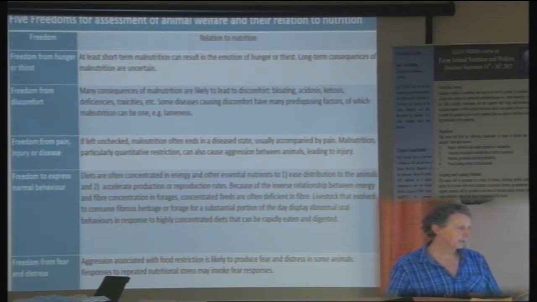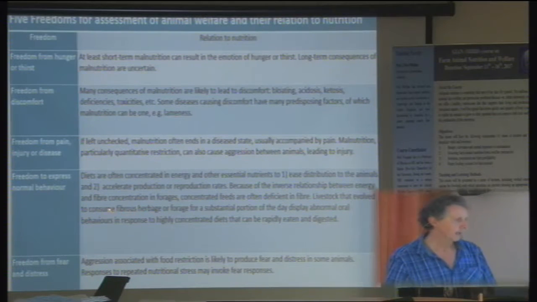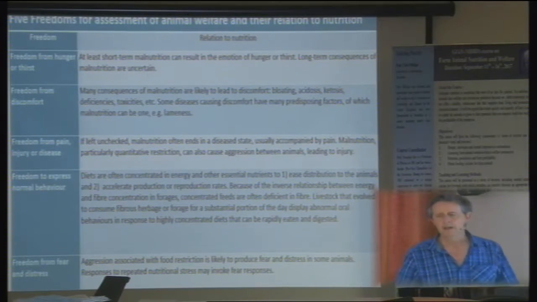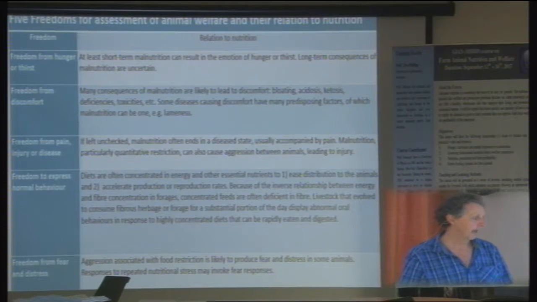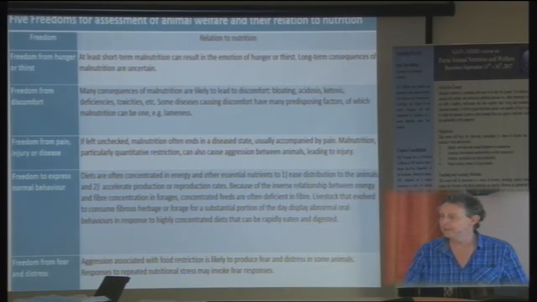To express normal behavior, most normal behavior, well, a lot of feeds are unsuitable feeds for animals, too concentrated often. And so animals are not able to perform normal feeding behavior.